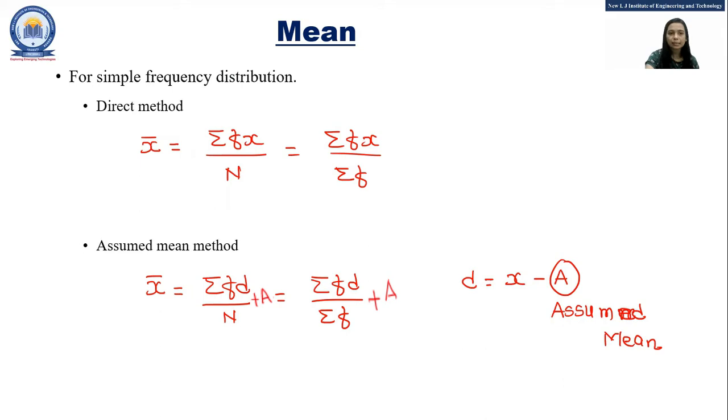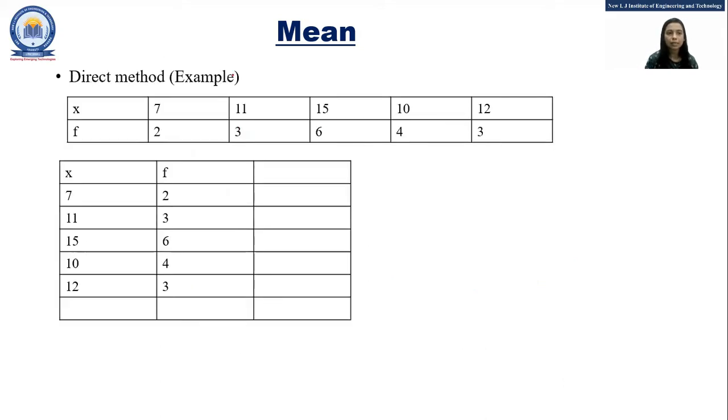So let's understand this concept through an example. First, for the direct method, x is 7, 11, 15, 10 and 12, and f is also given: 2, 3, 6, 4 and 3. Here the formula for calculating the mean is sigma fx divided by capital N, which is equal to sigma f.